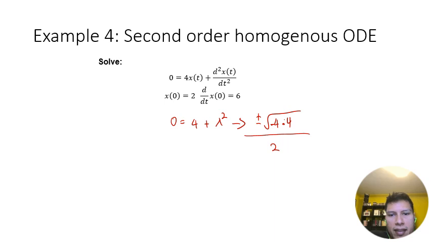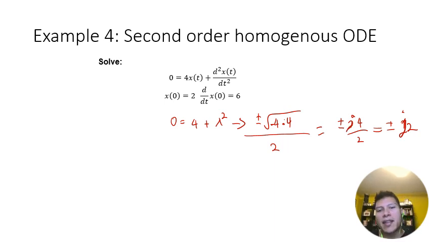Here we have negative 16, so this gives us plus or minus j4 over 2, which is just plus or minus j2. I'm going to use a j since we're in the electrical engineering world.